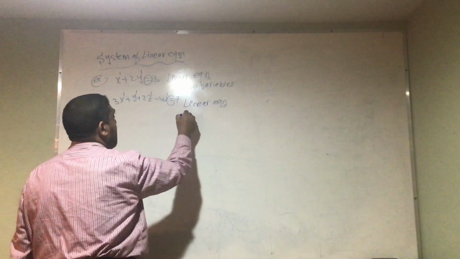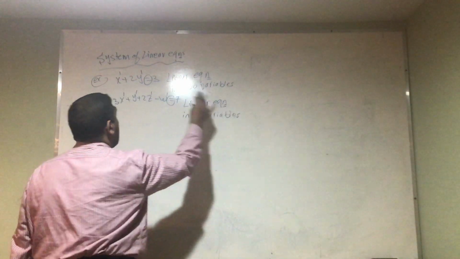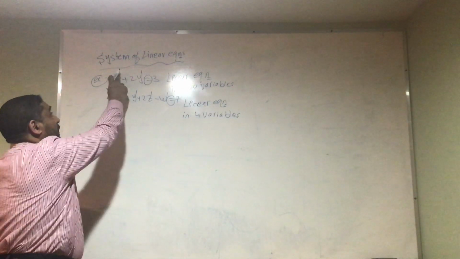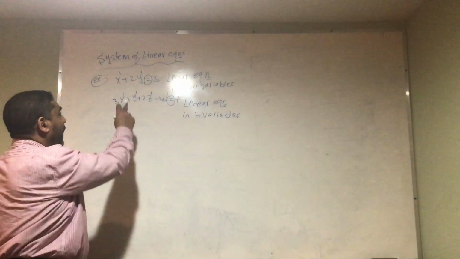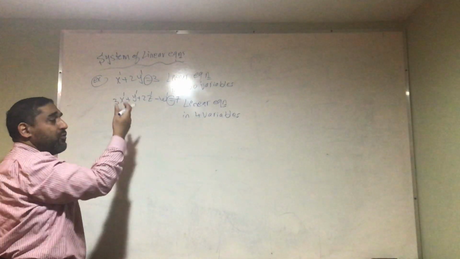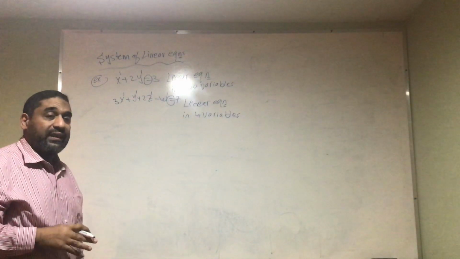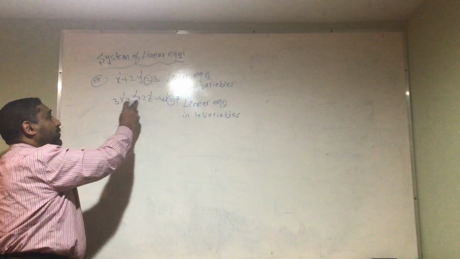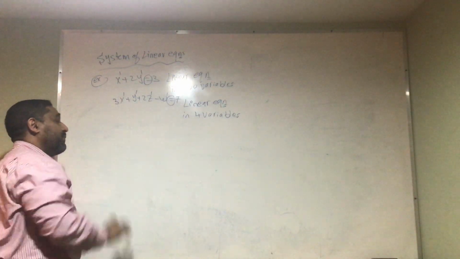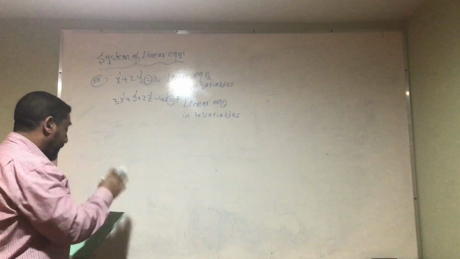If it turns out one of them is not 1, is 2 or 3 or any number, then we call it non-linear equation. So for a linear equation, the highest power of all your unknowns or variables must be 1.